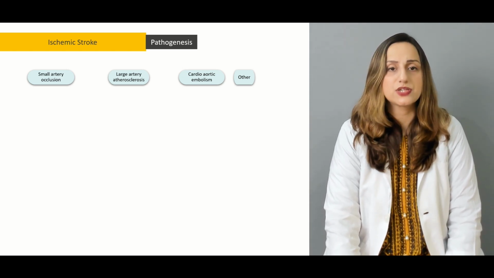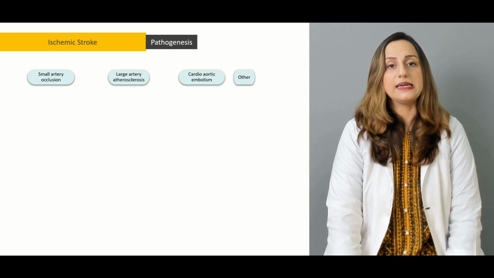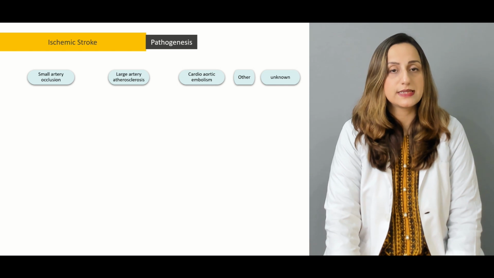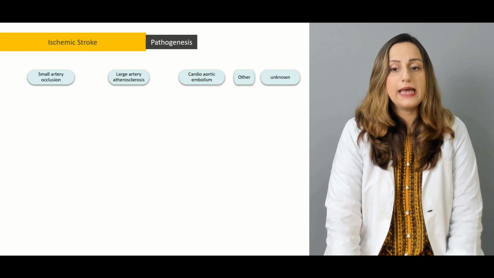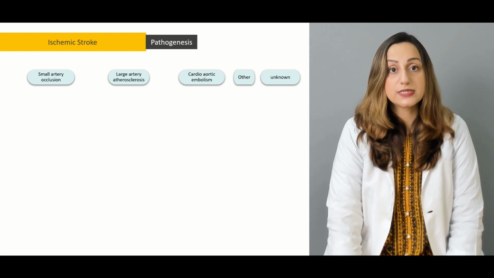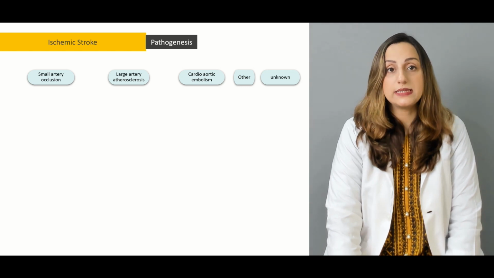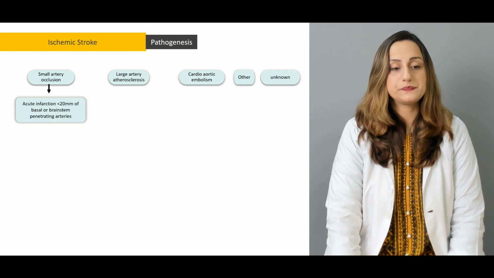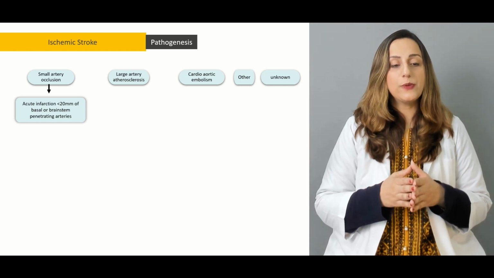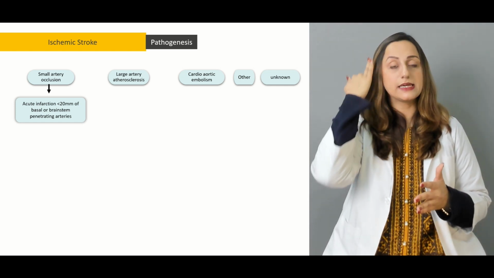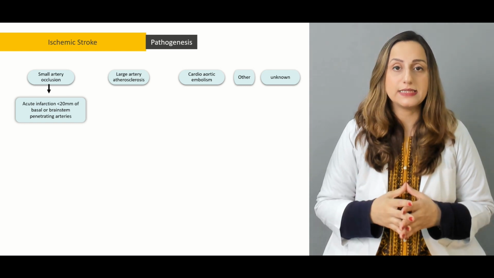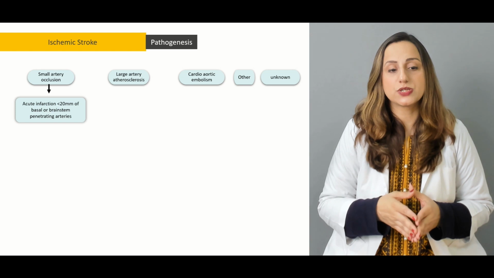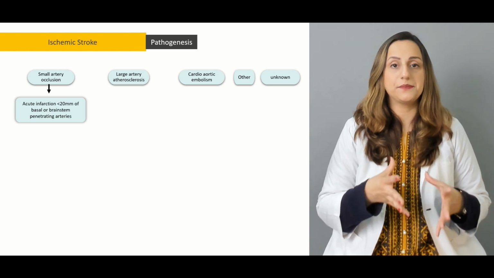It can be the vasculature of the kidneys that are involved, the liver, all of these different vasculatures are sometimes involved. And then we have a final variant, which is basically the idiopathic variety for the development of the ischemic stroke in individuals. Now, whenever we refer to this acute ischemic variety, we must know that it can be less than 20 millimeters of the basal or the brainstem penetrating arteries.